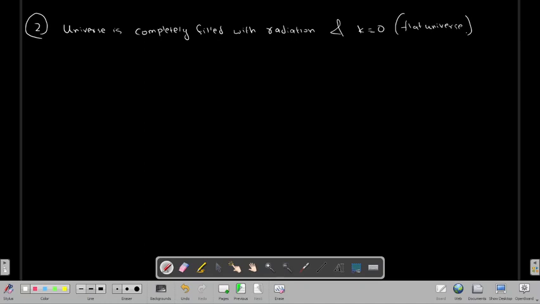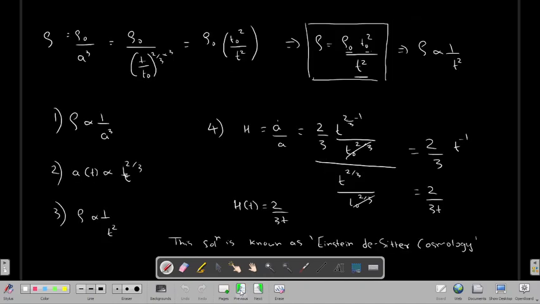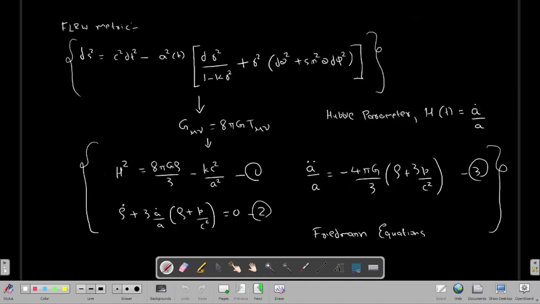So for radiation, the radiation pressure is generally given as P is equal to rho into c square by 3. Okay, so plugging this value of pressure in equation 2, you know your equation 2 is this thing.